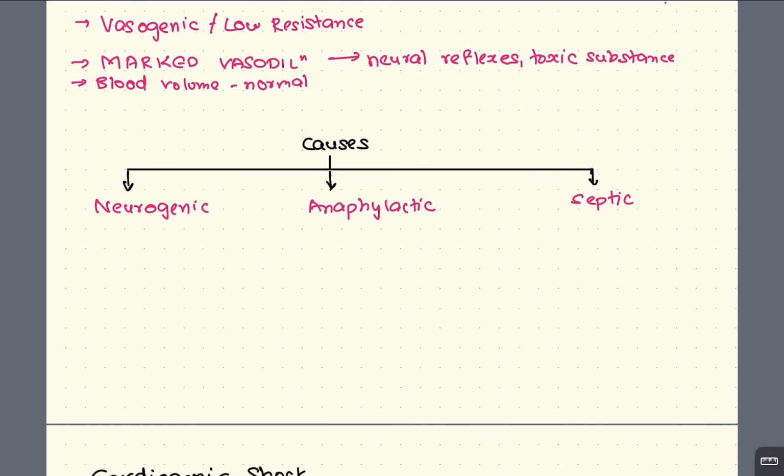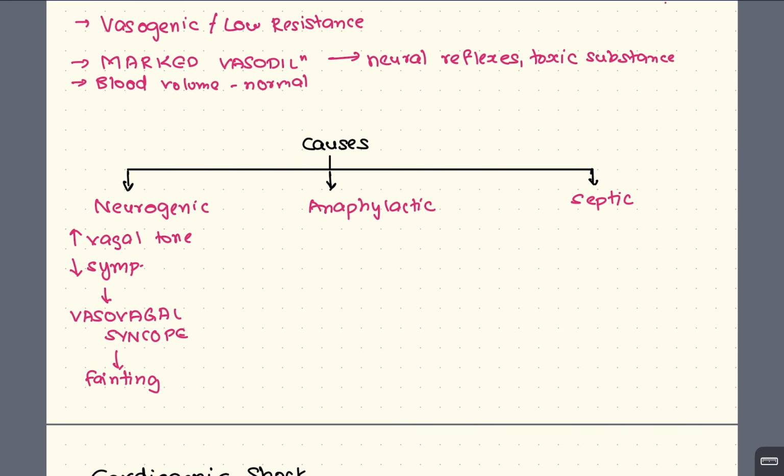In neurogenic shock, there is an increase in vagal tone or a decrease in sympathetic vasomotor tone, and this causes vasovagal syncope, which can result in fainting, because there is peripheral pooling of blood in the extremities.